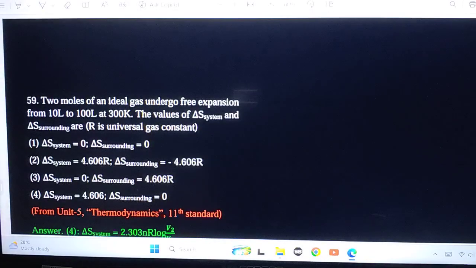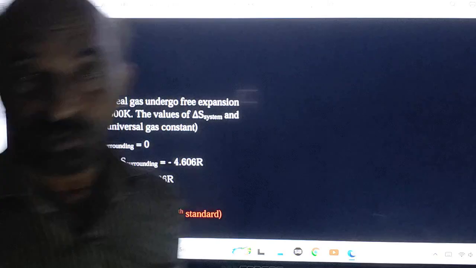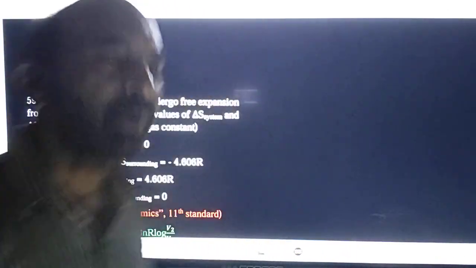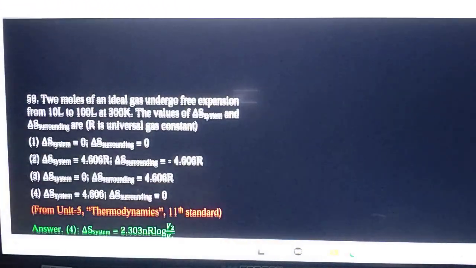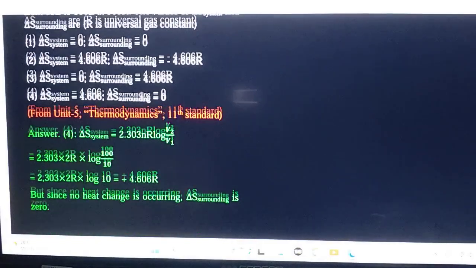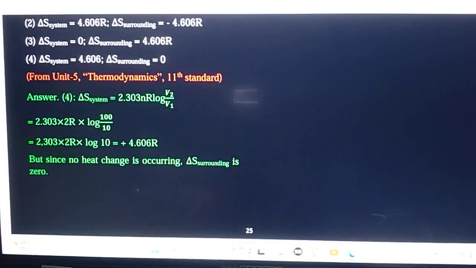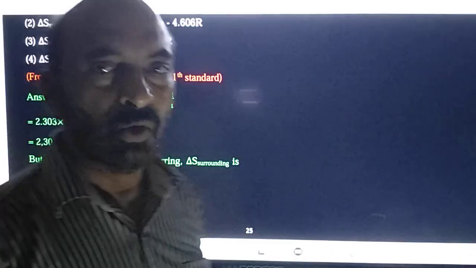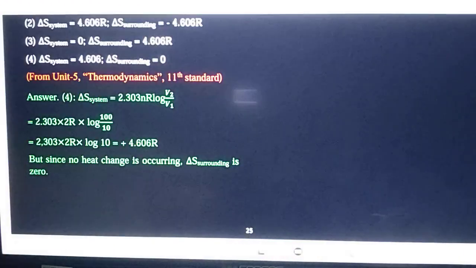2 moles of an ideal gas undergo free expansion from 10 liter to 100 liter at 300 Kelvin. The values of delta S system and delta S surrounding are. R is the universal gas constant. This question is from thermodynamics, and the equation for delta S system is 2.303 nR log V2 by V1.